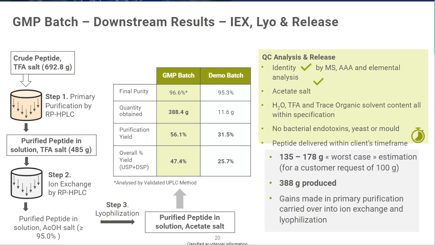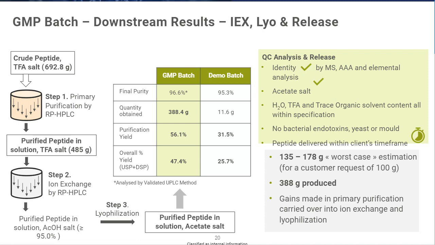So if we compare just in terms of our worst case estimation before our GMP campaign, we'd assessed that we would probably produce somewhere between 135 to 178 grams of peptide. But in actual fact, we were able to produce about 388 grams of peptide altogether.